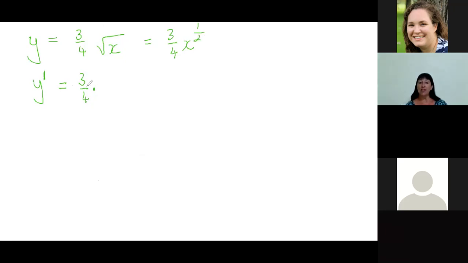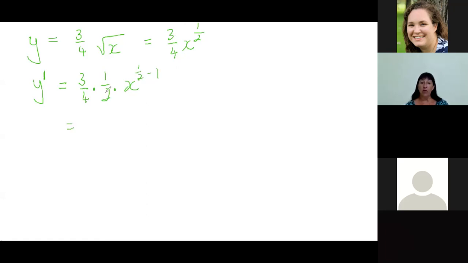Okay, I can't actually do anything to find the derivative if I've got root form. I have to change it to a power first. Okay, so what am I going to do? I'm going to move the half forward. So it'll be 3/4 times a half. X remains always, and then a half minus 1.